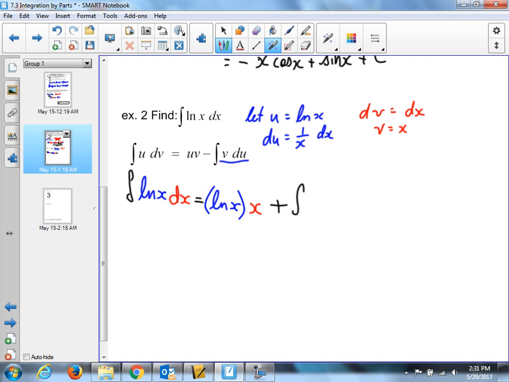The v is x, and the du is, hey, this makes things really simple, 1 over x dx. We'll tidy this up. Now, like I mentioned before, you typically would see the x in front of the natural log, so I'm going to just call this x natural log of x.